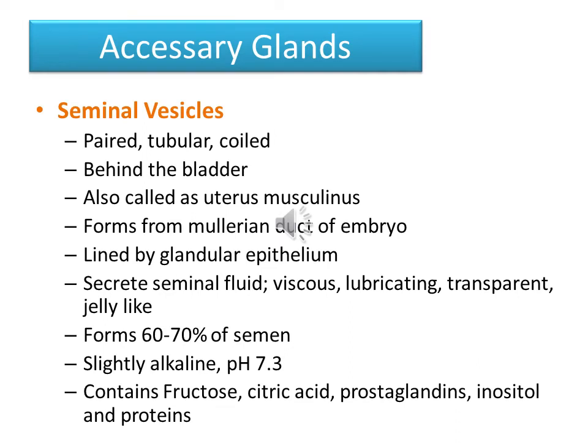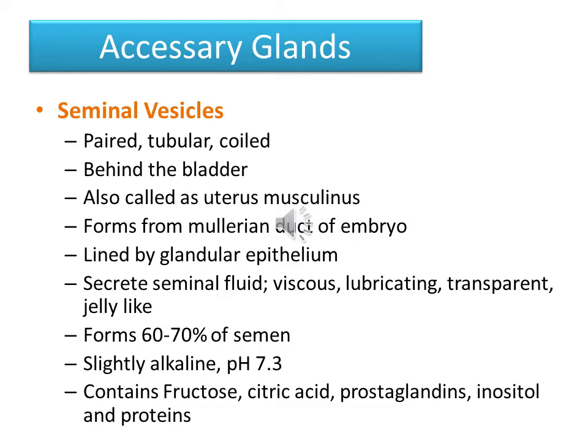Fine. Till now we completed the primary sex organ, that is testis. Now let's move towards secondary sex organs. Now secondary sex organs means glands, ducts, and external genitalia. From these ducts already we have learned when we studied the structure of testis, how these ducts help in the transfer of gametes.